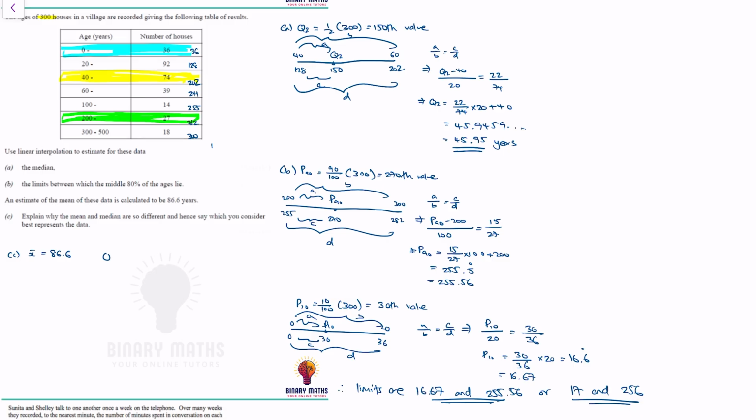So Q2 is equal to 45.95. Because the mean is higher, the data must have extremely high values, because the median is lower than the mean.